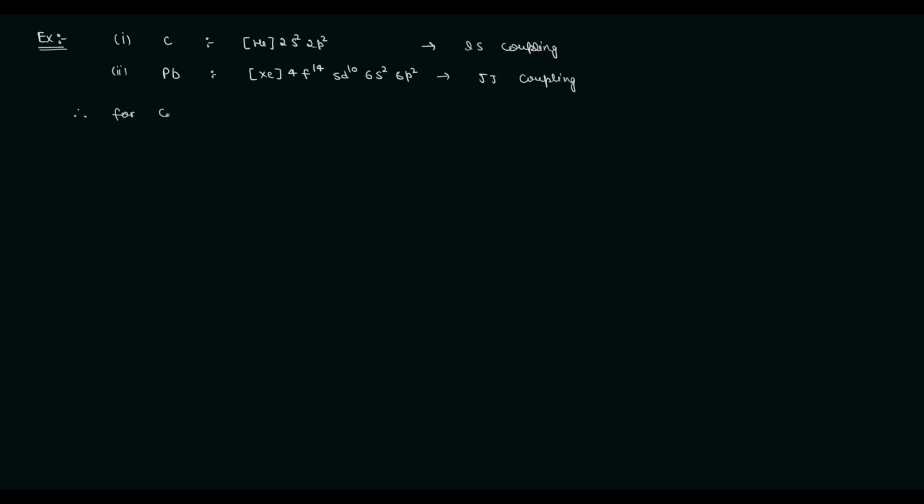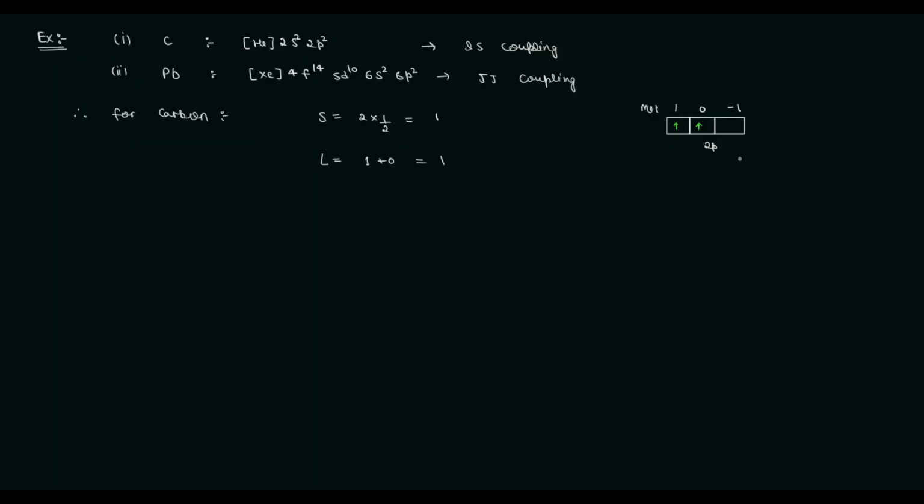For carbon, we can use Hund's rule as there are two electrons. We need to arrange these two electrons in order to maximize L and maximize S. In this case, the value of S will be 2 times half, which is equal to 1, and the value of L will be 1 plus 0, which is again 1.